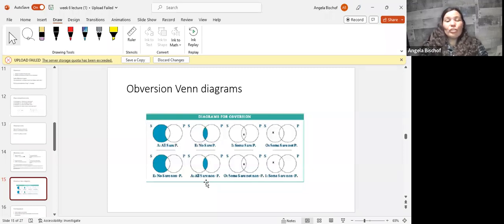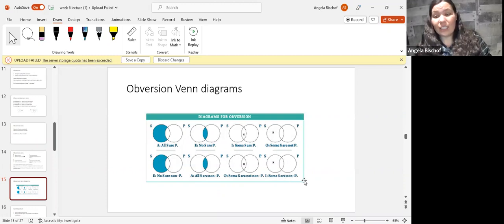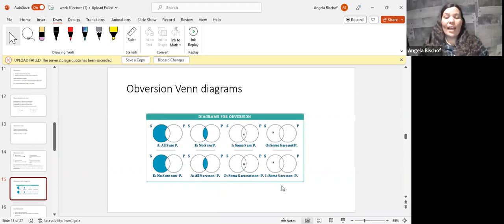And again, if we treat non somewhat like a negation, we'll see that it's basically saying the same thing, that we have something that's an S that's also a non-P. We look at our P space, we see that it's a non-P, so it's going to be outside of our P circle, and we put that X in that left-hand area of the diagram. So these are our diagrams for obversion. It's really cool, though, that everything's valid, so we don't have to worry about it.